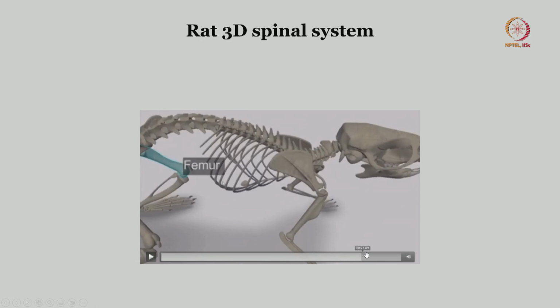That is the entire skeletal system in three-dimensional orientation. You can see the intervertebral foramen from which the nerves come out and supply the limbs and other organs. That is the big spinous process I was just discussing, and these are the transverse processes which come out of the vertebral body.